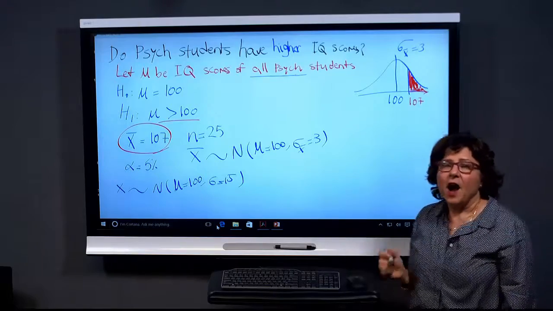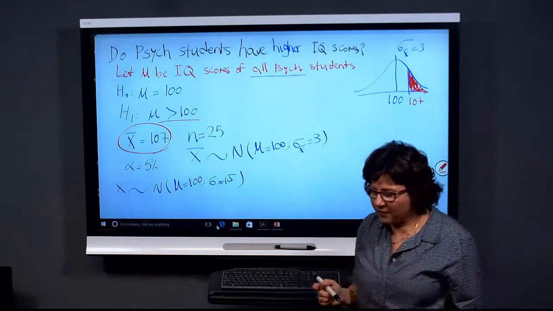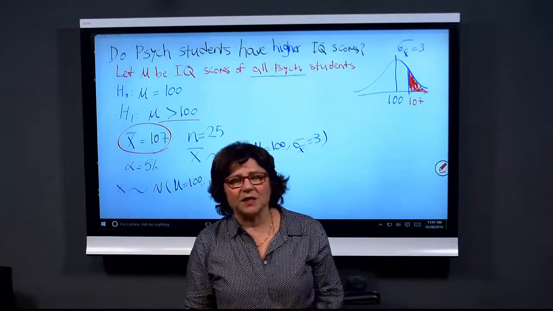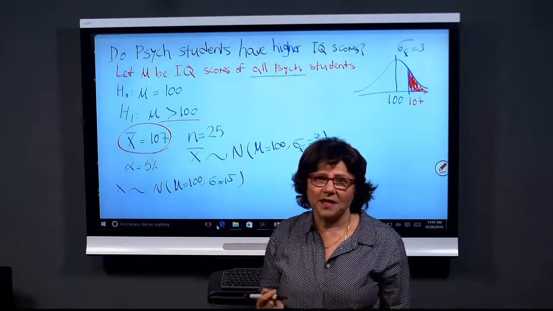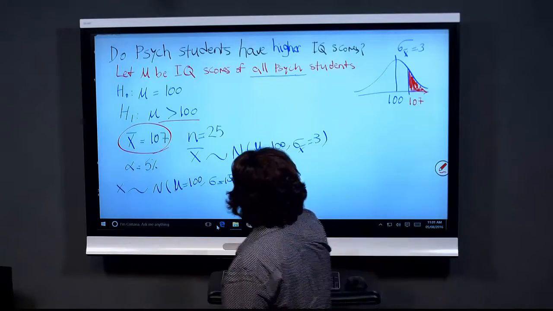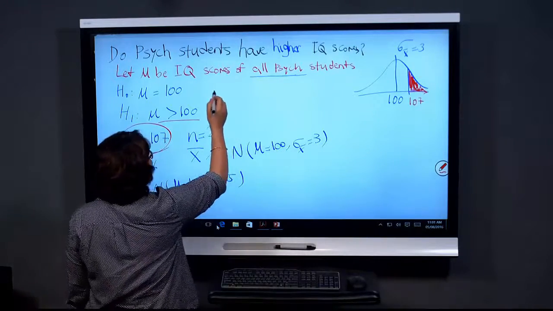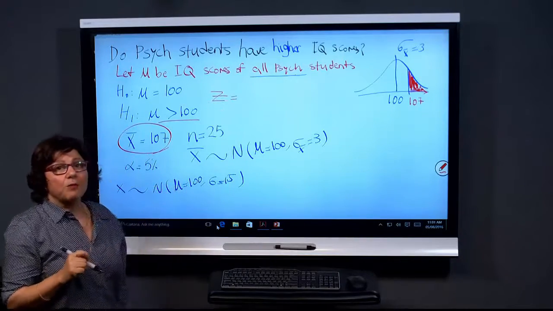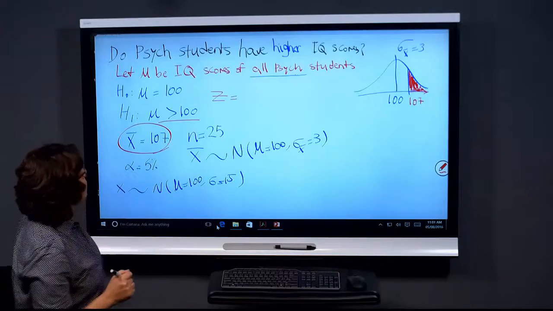How do we get the p-value? Either from software, or when we do the test in SPSS, or from the tables again. How do we do that? We say that we have the 107, so we get the Z score. Why do we use a Z score? Because the population standard deviation is known.